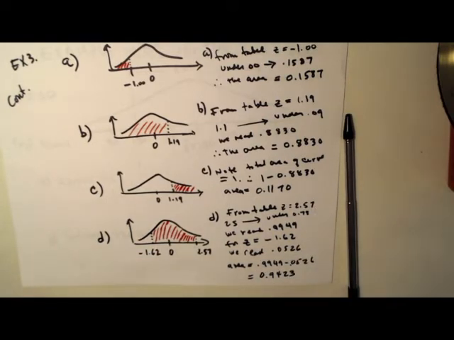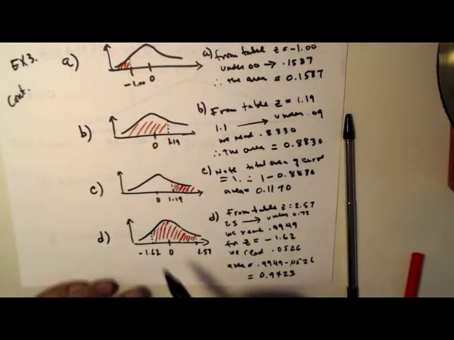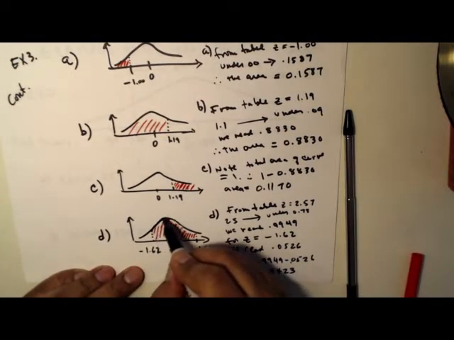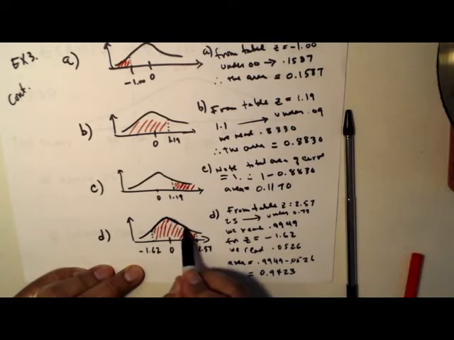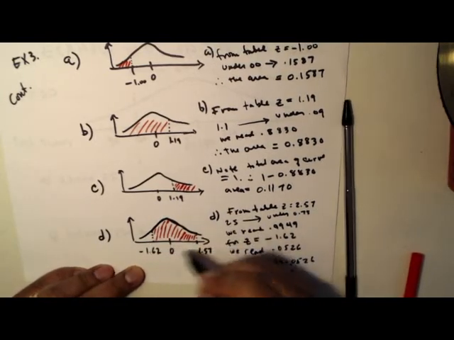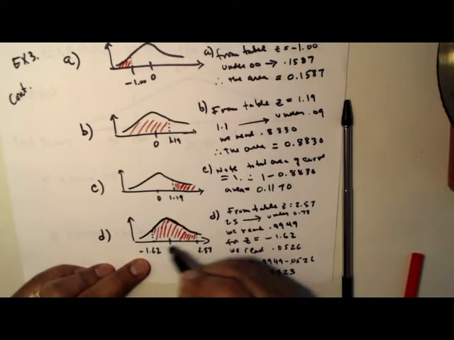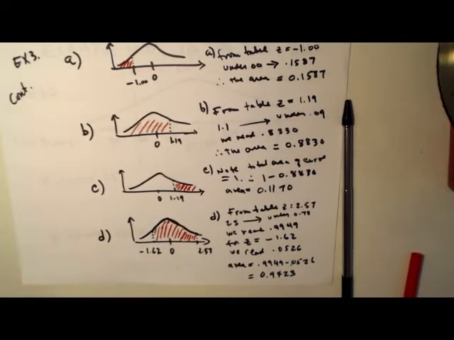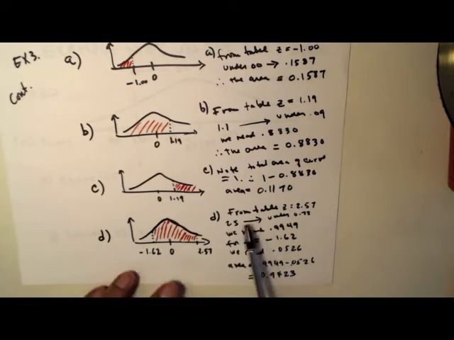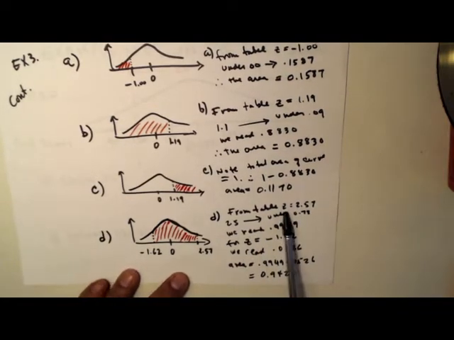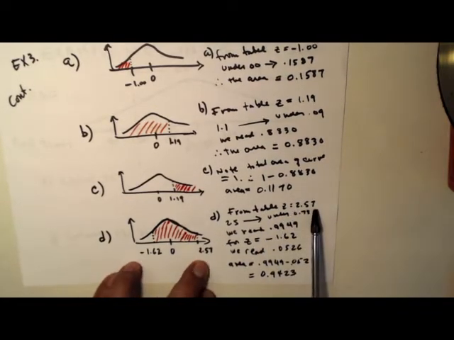When they refer to the area under the curve, always they're looking at the shape of the curve for the bell shape, right? So the area is whatever is in between this point and this point, in the shaded area here. So how do we do this? From the table, we look at Z equals 2.57, right?